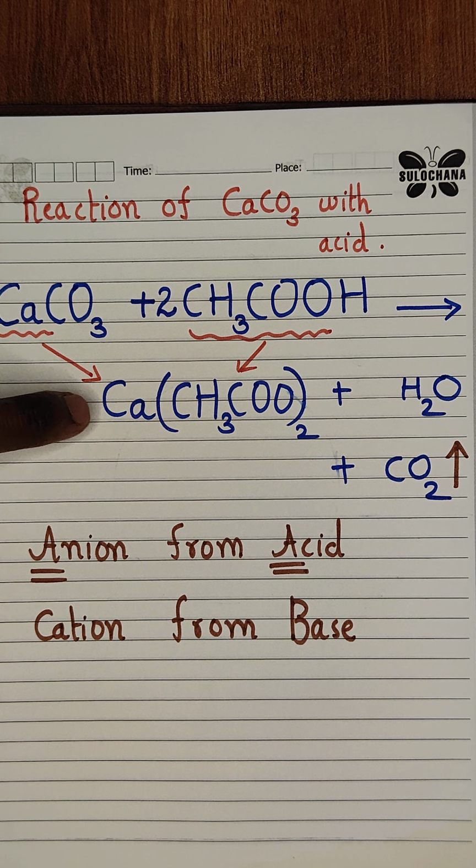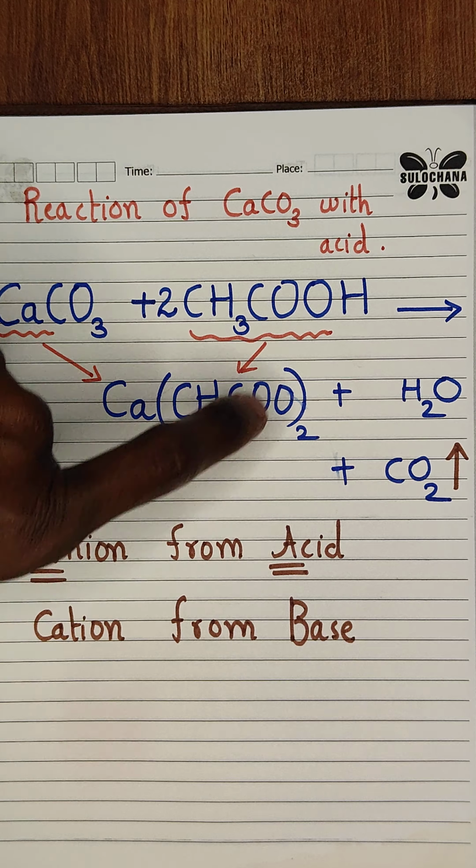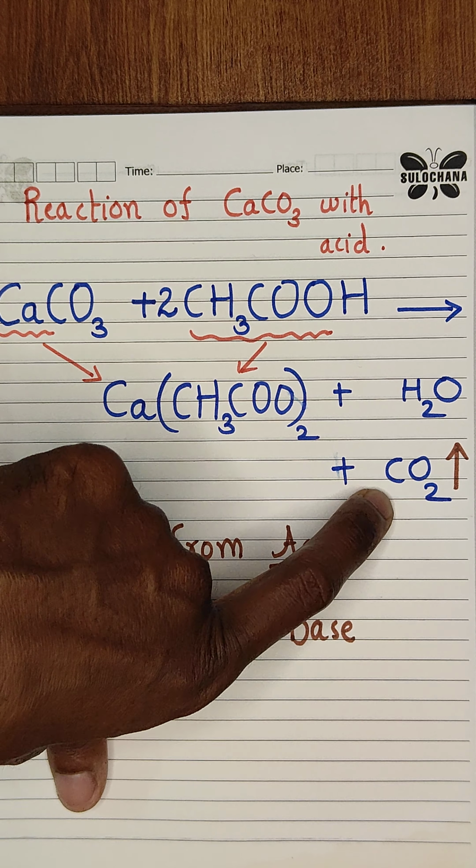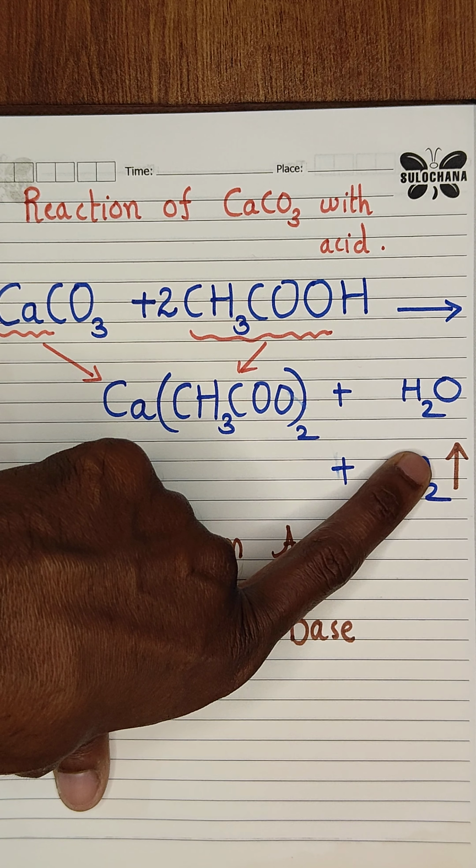Using this logic, your salt has calcium as cation here, which is coming from base, which is calcium carbonate, and acetate anion is coming from acetic acid, and carbon dioxide is evolving as a gas, which is represented using an upward arrow. So this is the reaction between calcium carbonate and acetic acid.